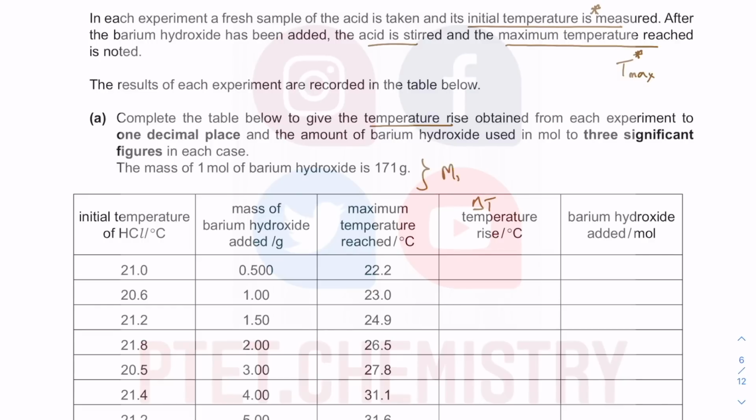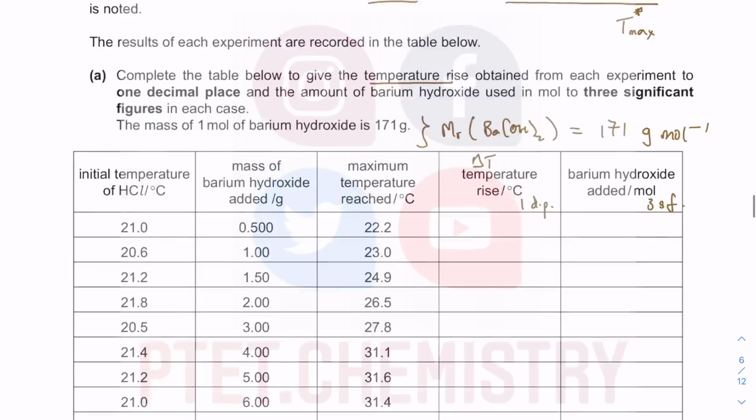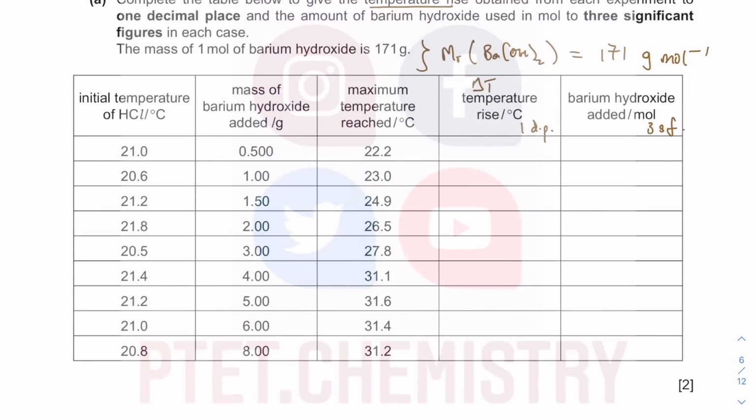This is telling you the Mr of barium hydroxide, the mass of 1 mole of the substance, the molar mass, in gram per mole. So what do we need? We need the amount to 3 significant figures, but we need the temperature rise to 1 decimal place. These kinds of things are very important not to lose marks on, and it's only 2 marks.